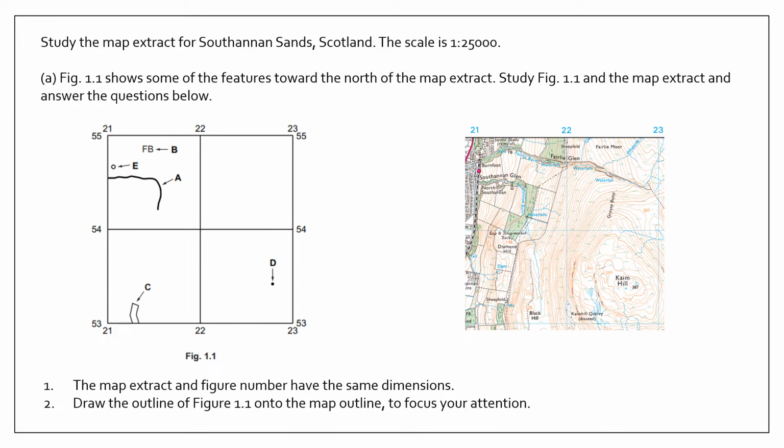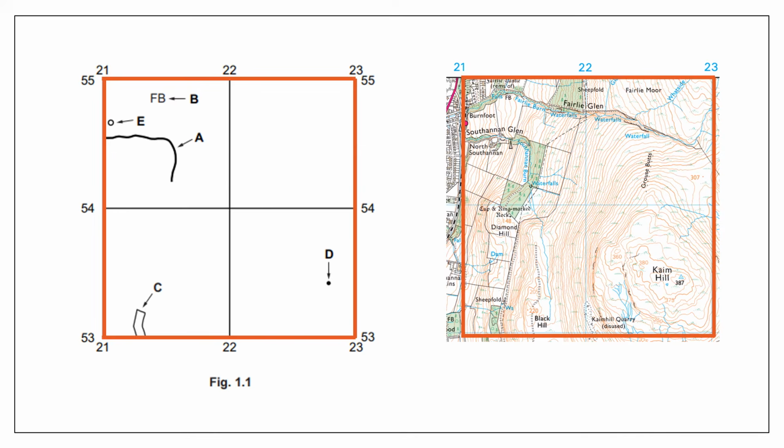What I mean by that is when you draw the outline of this figure onto the map, the grid squares are the same. So one grid square should be 4 centimetres. And so that is a really useful reminder to help you answer these questions, because knowing that makes life a lot easier for other questions.